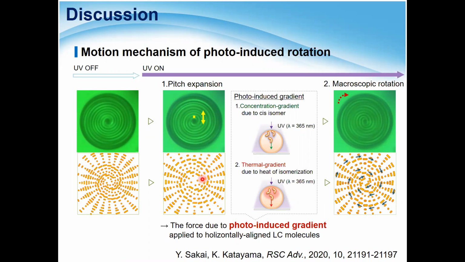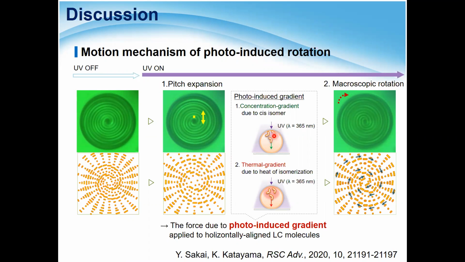We still don't know whether this pitch expansion or the torque itself gives the origin of the torque, but definitely there will be some chemical concentration gradient or thermal gradient.